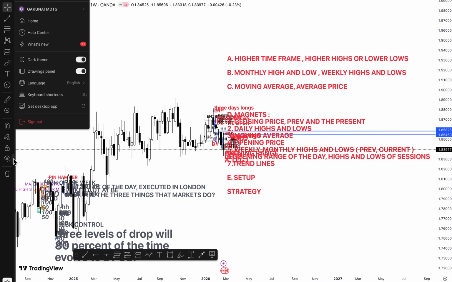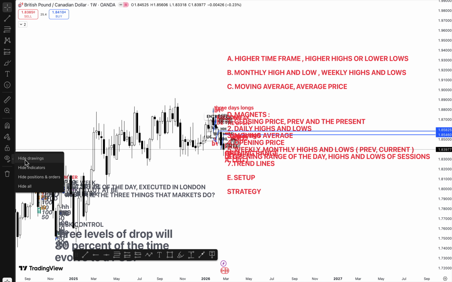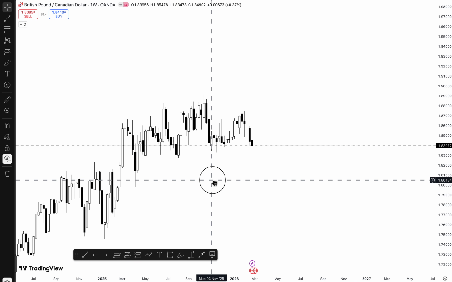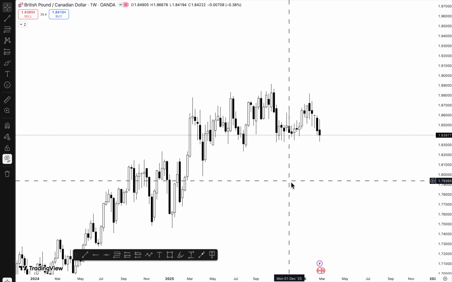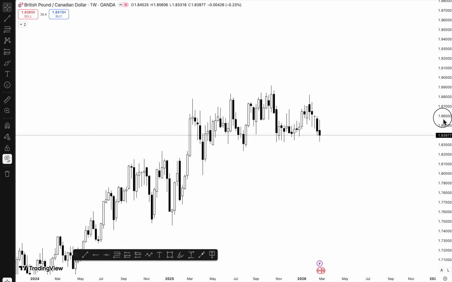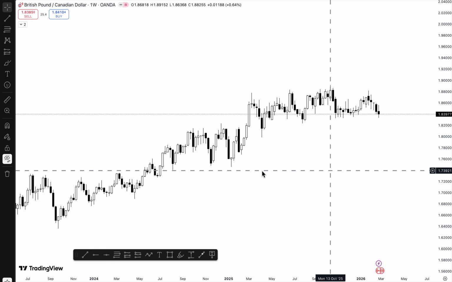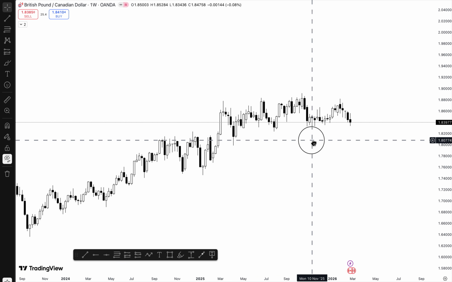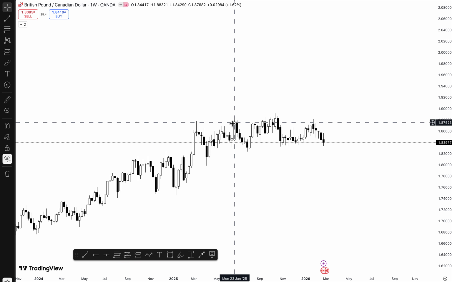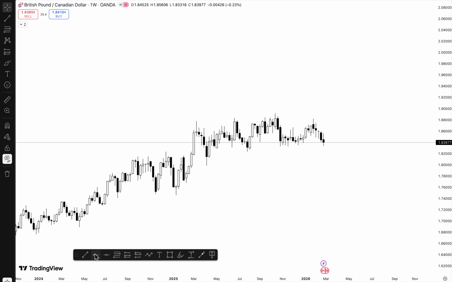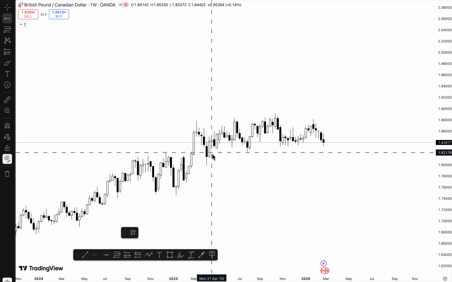So you can see how this chart looks like. We are in an up market. If you look generally, market is going up, but if you look very well, we are in a trading range at a certain point. Okay, so we have a trading range.